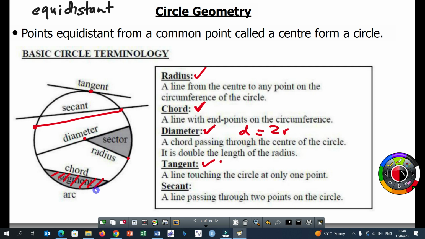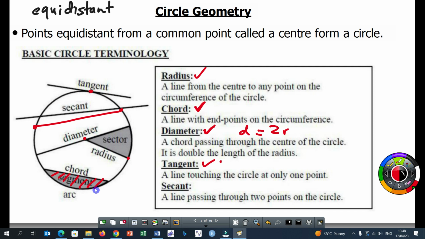The bigger one is called a major segment. So any chord divides the circle into 2 segments. Now the diameter is the longest chord. It divides the circle into 2 equal segments.